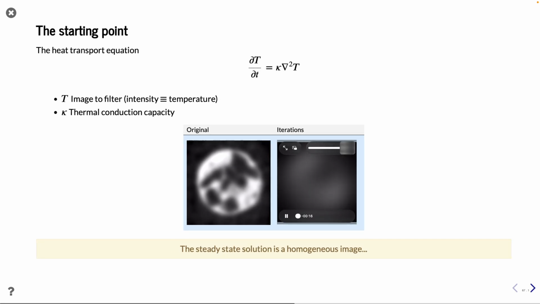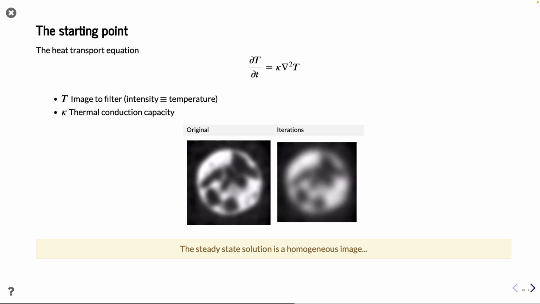One is a starting point, taking the heat transport equation, which is this differential equation where we put T, the temperature, as the image intensity, and K, thermal conductivity, is how strong the filtering is working.